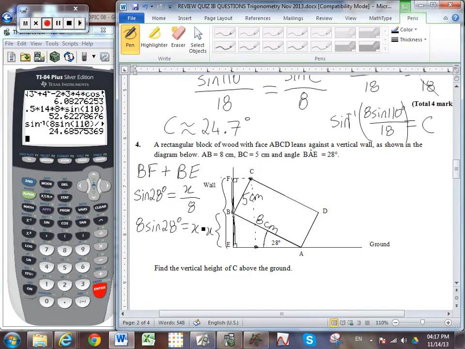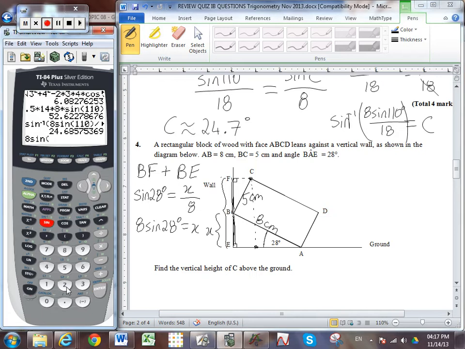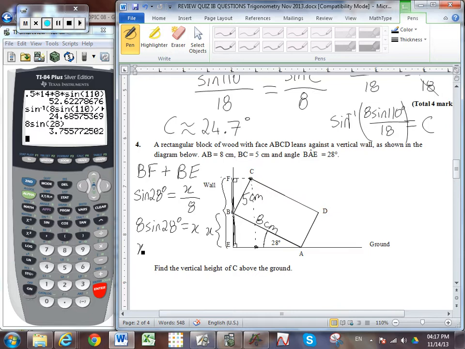And if I bring the 8 up to the other side, my x is now isolated. 8 times the sine of 28 is 3.75577. I'm going to keep all of those different place values. I like keeping extra place values when it's not yet my final answer. It means that I am less inclined to lose accuracy in my final answer, which I can then round to 3 significant figures.